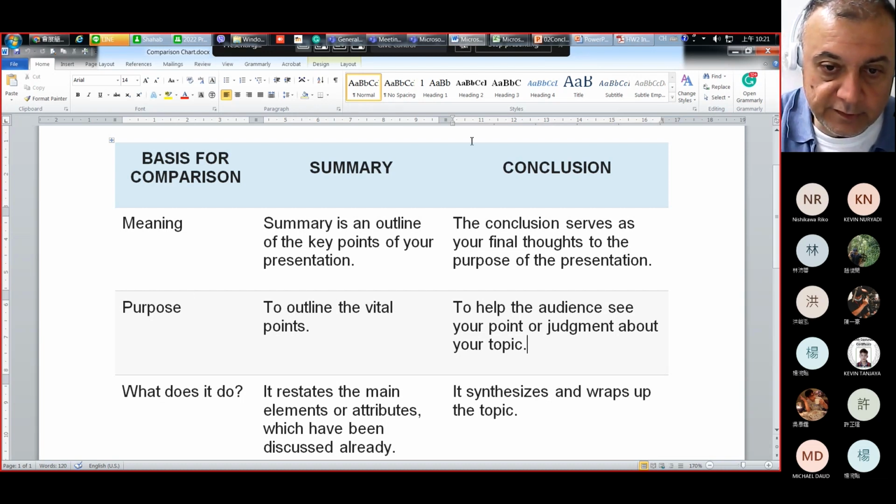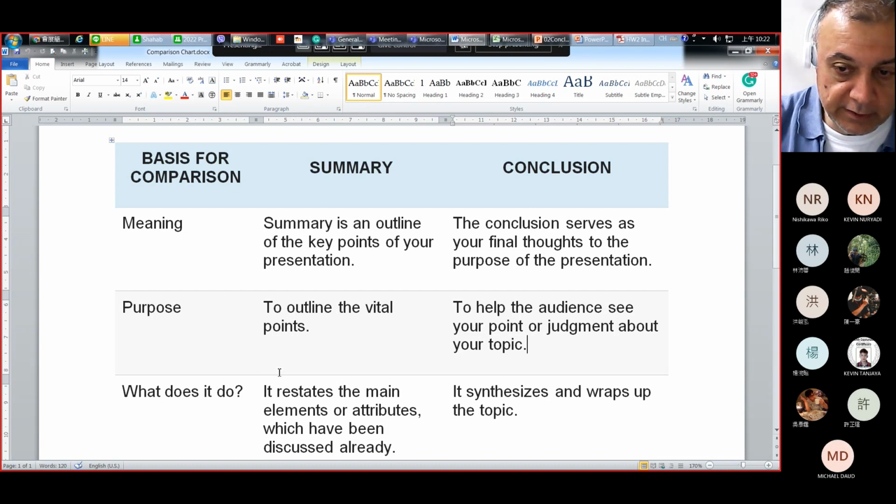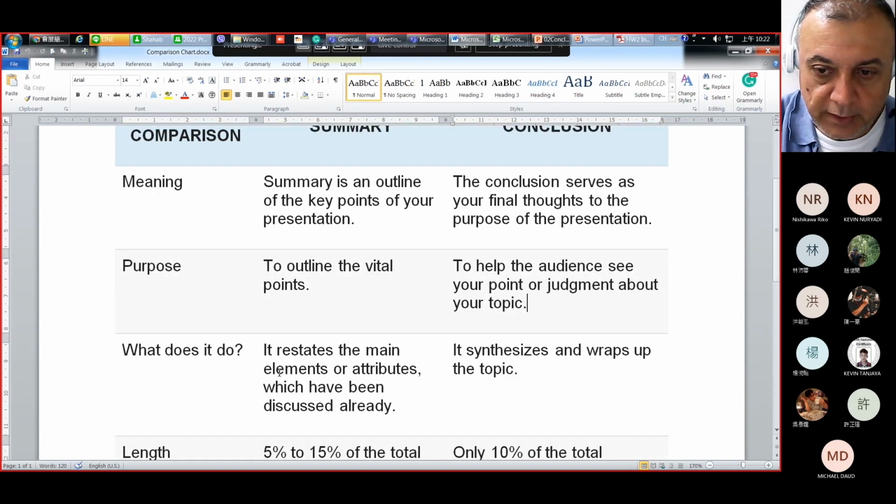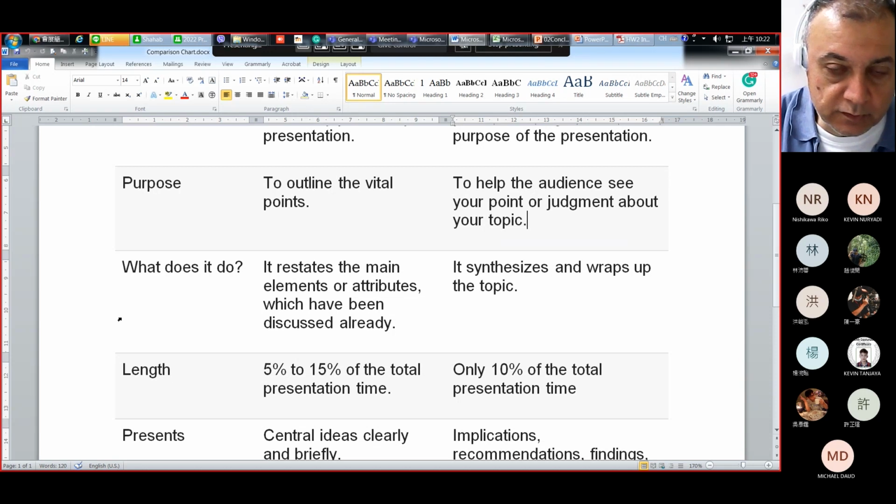So the purpose of the summary is to just outline the important points, the vital points. The purpose of the conclusion is to help the audience see your point or judgment about the topic. Once again, it's more personal. So what does it do?